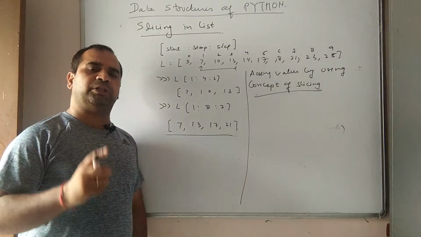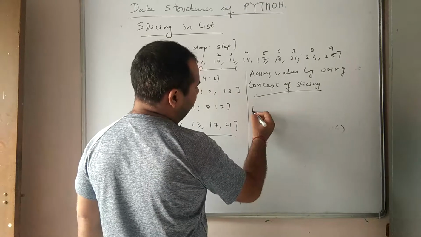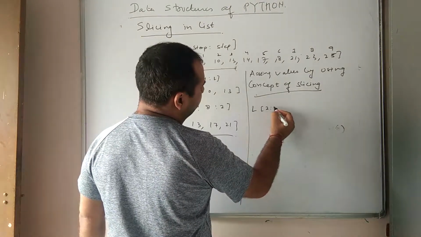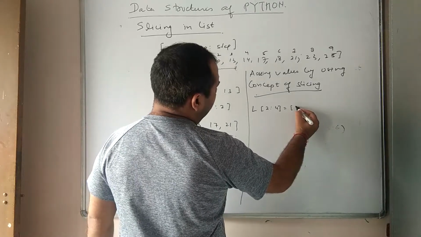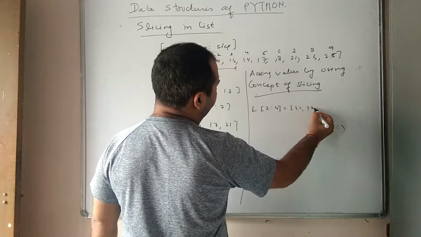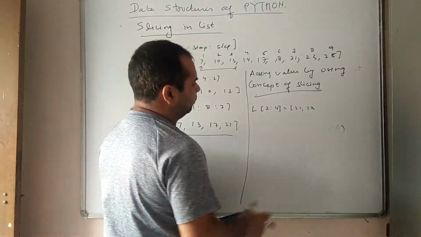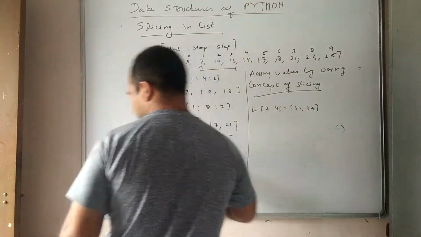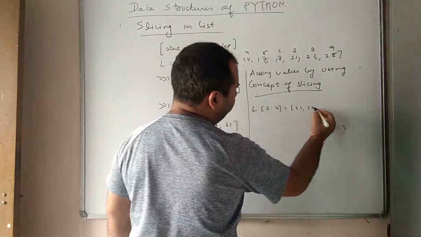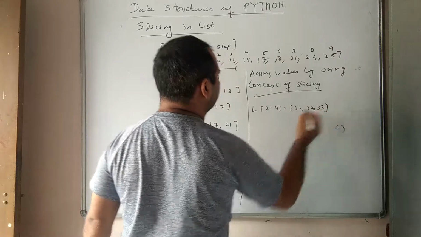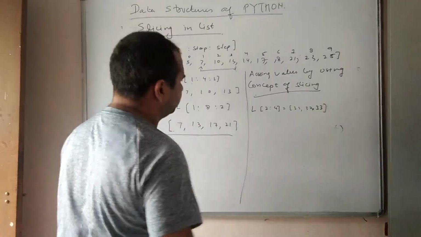Assigning values using slices means that I can assign L[2:5] the values 31, 32, 33. Sorry, I'm sorry, 2, 3, 4. In this case, all 3 values will come: 2, 3, 4, right? 2, 3, 4.